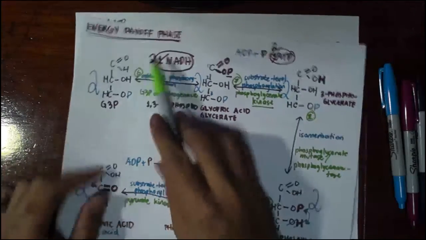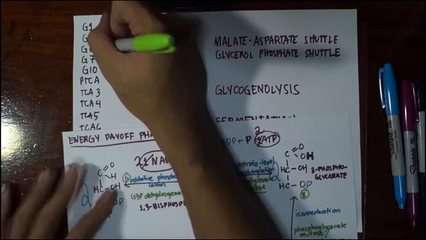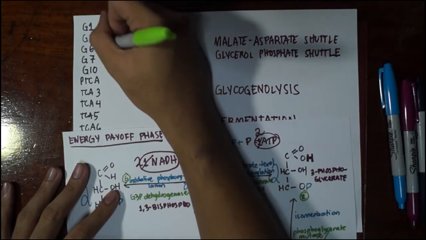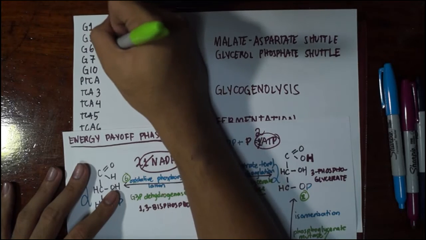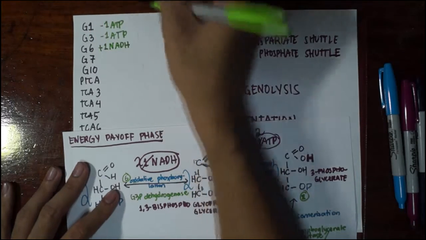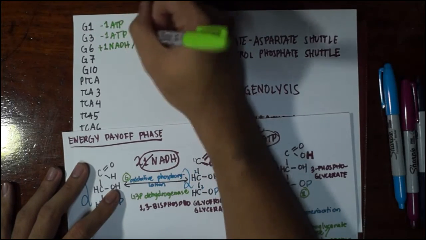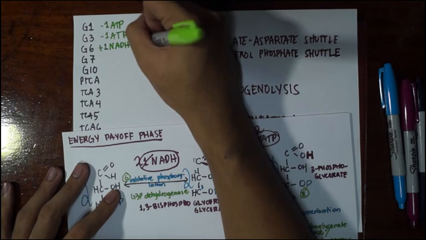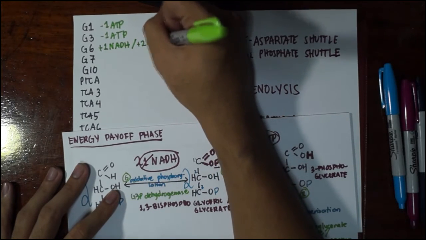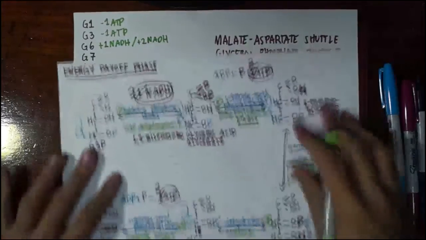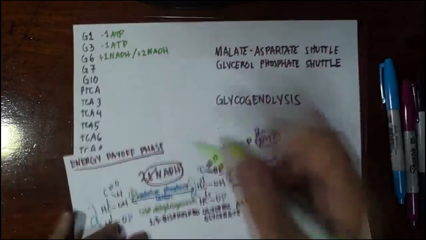So in step 6, we have NADH, plus 1 NADH, or in the case of a starting point of glucose, that's 2. Then in step number 7, ATP.